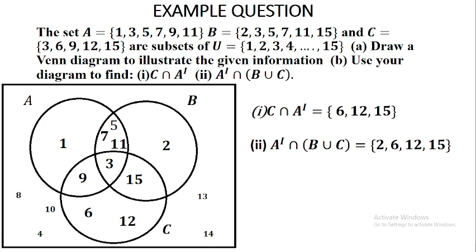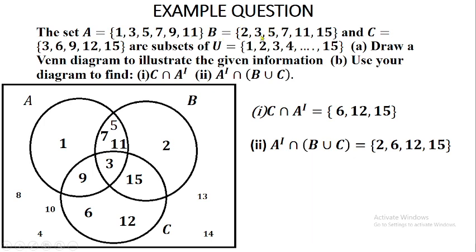Then if you understand that now, let's start solving questions with this Venn diagram of three subsets. The first question you're going to solve is what you are seeing on the screen right now. It says that set A has elements 1, 3, 5, 7, 9, 11.